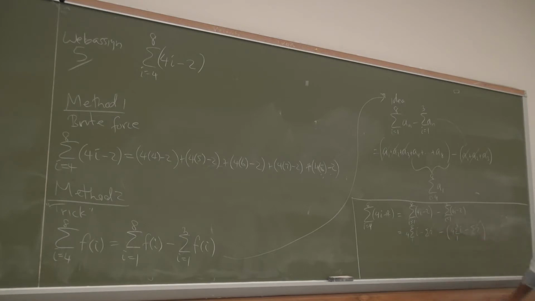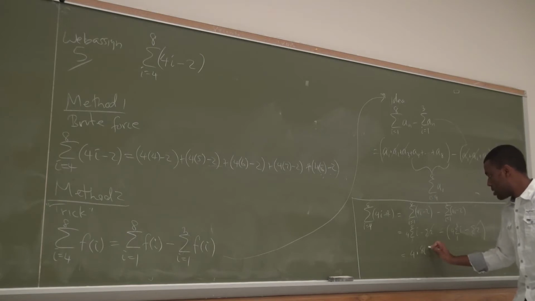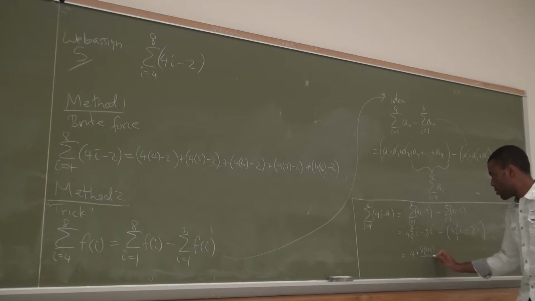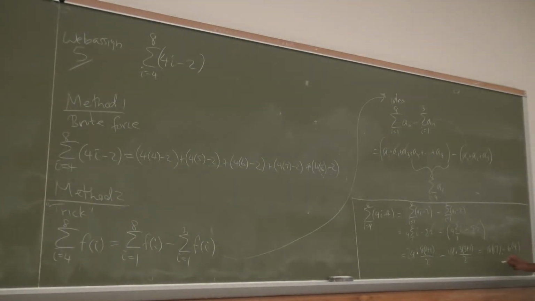These guys would die. This guy is 4 times 8 times 8 plus 1 over 2, minus 4 times 3 times 3 plus 1 over 2. So that cancels 2, this cancels 2. So this is 4 times 36 minus 4 times 6.